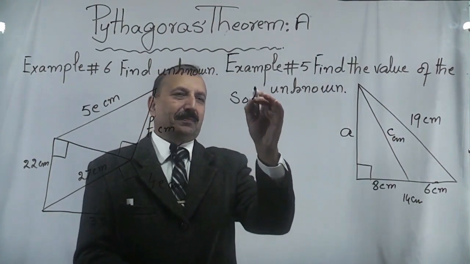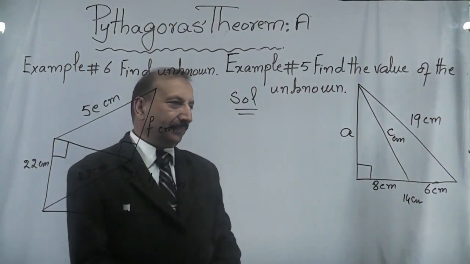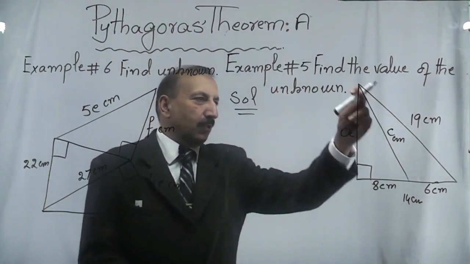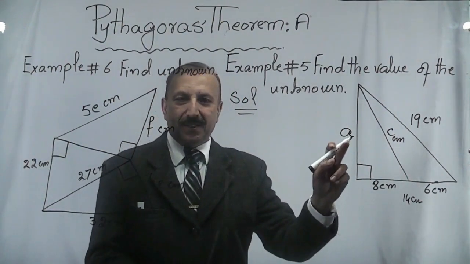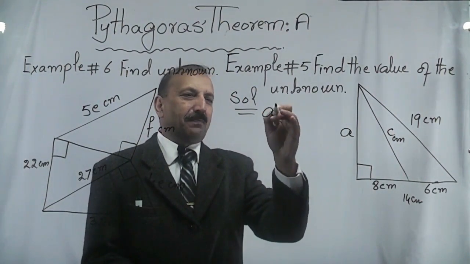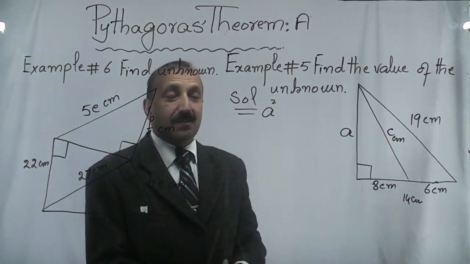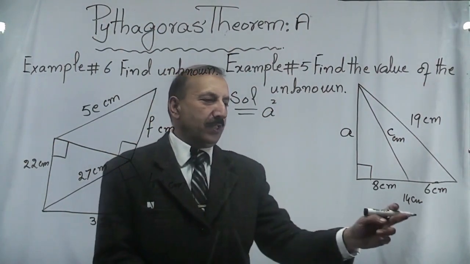First of all, from the larger right angle triangle, we want to find this A. Let's write A squared, the sum of the squares of legs A and 14 here.